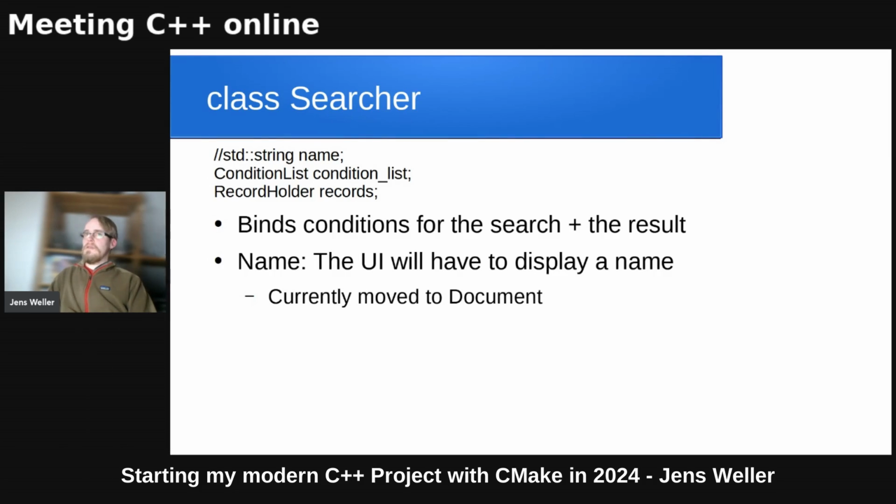So here you see that the searcher had a name, but this got moved, and I'm not sure if I'm moving it further. Basically, the searcher needs to have the condition list and the records of what has been the result.